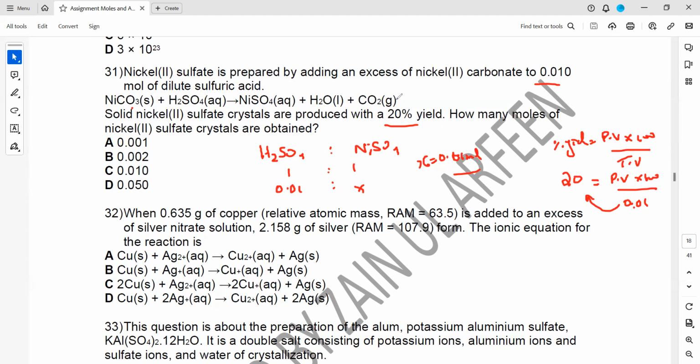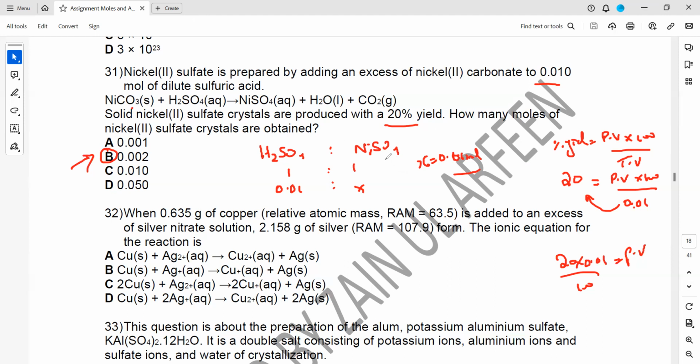When we cross multiply, 20 multiplied by 0.01 gives the practical yield of product. So we multiply 20 by 0.01 and divide by 100. When we solve this, we get B as the right answer.